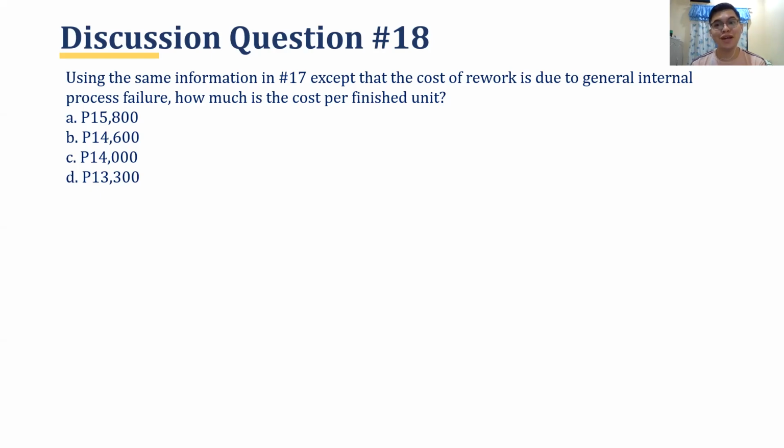So magiging cost siya directly ni company without being assigned into specific job kasi nga hindi mo naman siya na-incur for meeting the specs on the job, but it was incurred because there was a general internal process failure. So you cannot assign that.